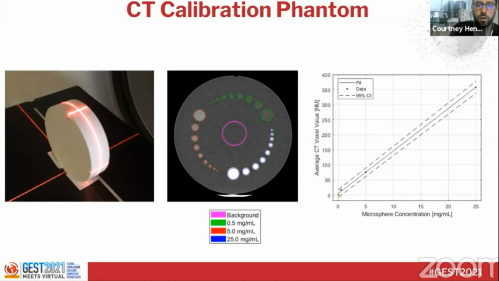A CT calibration curve was then determined by measuring the average Hounsfield unit in the largest posts for each microsphere concentration, and then plotting those averages against the nominal concentration within those regions. So this curve allows us to transform any CT Hounsfield unit into a radiopaque microsphere concentration.